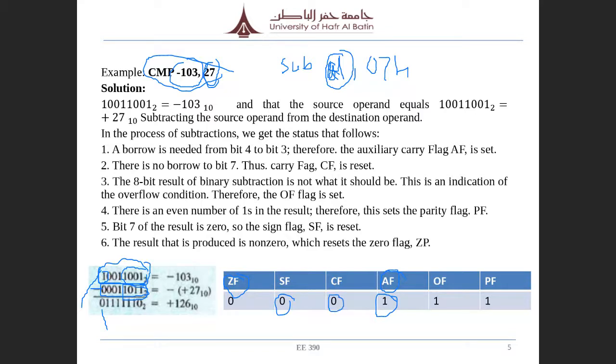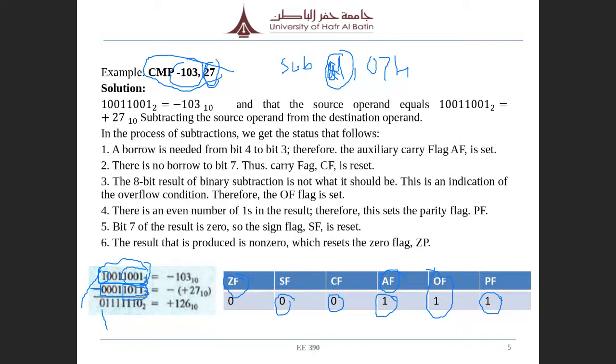And what about the parity flag? Look at here, the number of 1s: 1, 2, 3, 4, 5, 6. So even parity, and for even parity the parity flag is 1. Now the only tricky part is the overflow flag. So I give you a trick. If a negative number is involved, the MSB bit is for the sign.